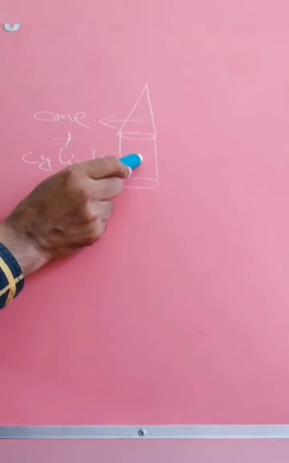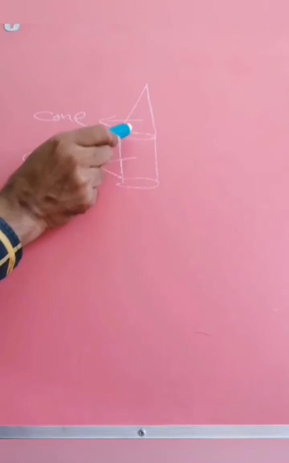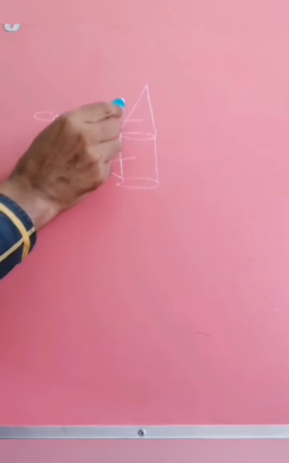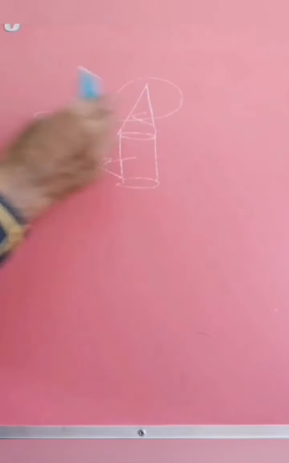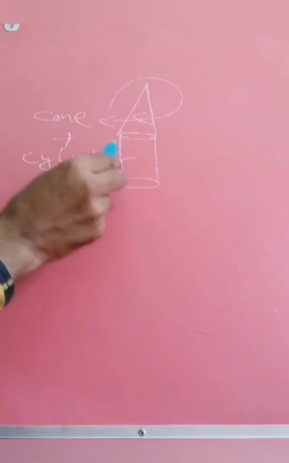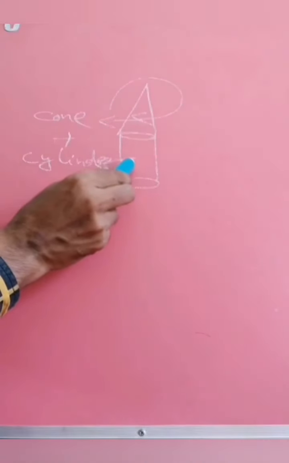If you are going to find the curved surface area or lateral surface area of the combined figure, we get the lateral surface area of the cone, then the lateral surface area of the cylinder.